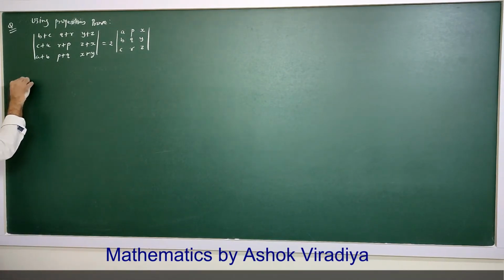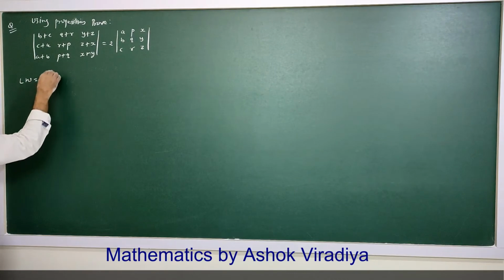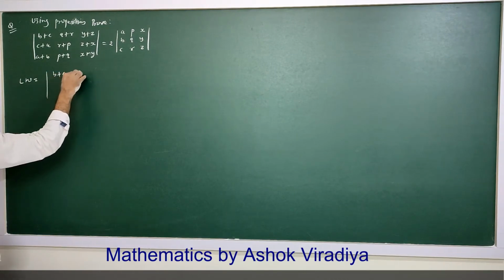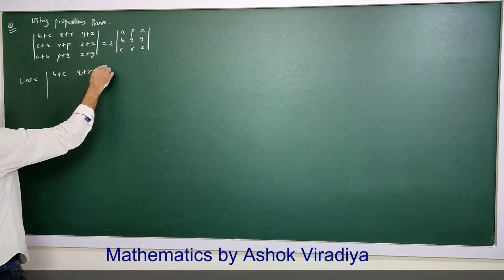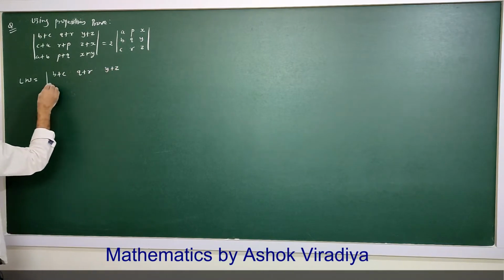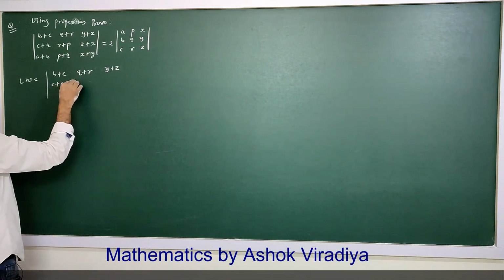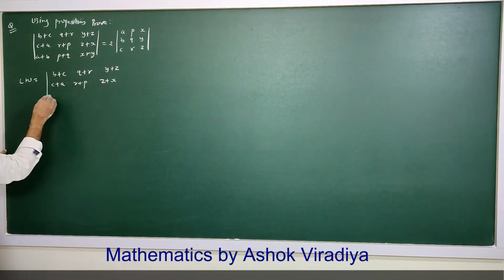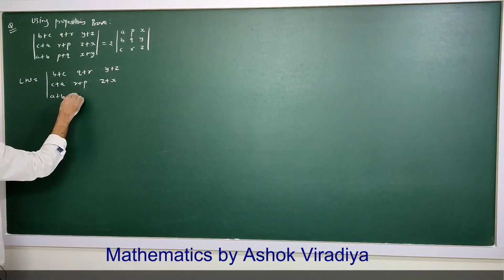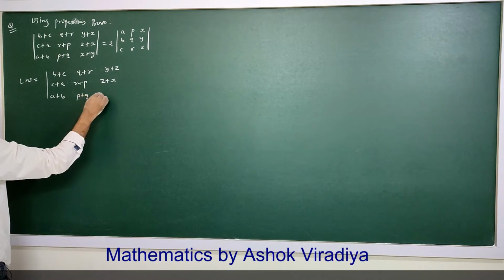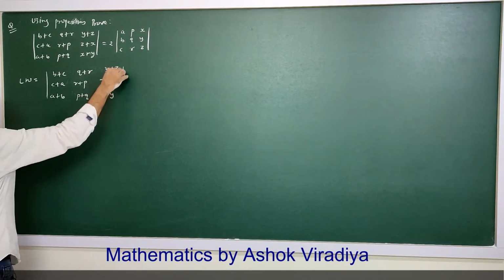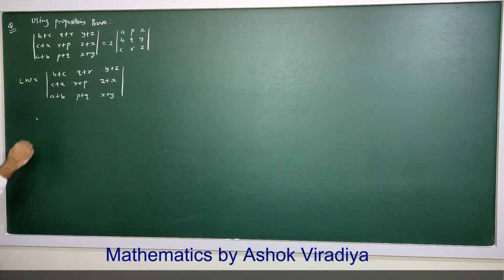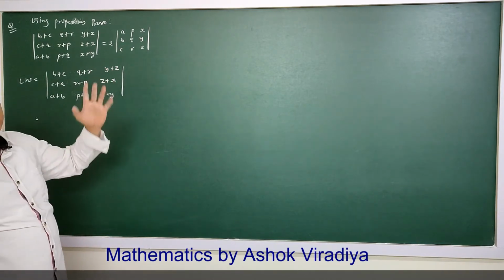Using properties, prove that LHS is equal to RHS. Beginning from left hand side: B plus C, Q plus R, Y plus Z; C plus A, R plus P, Z plus X; A plus B, P plus Q, X plus Y. Beginning from left hand side, going to get right hand side.